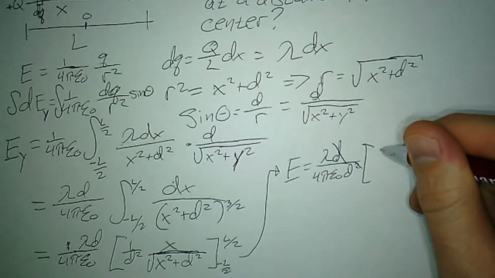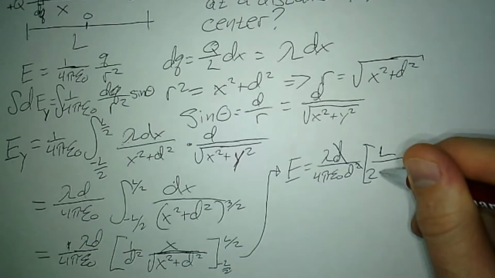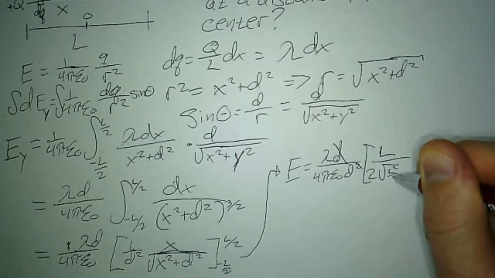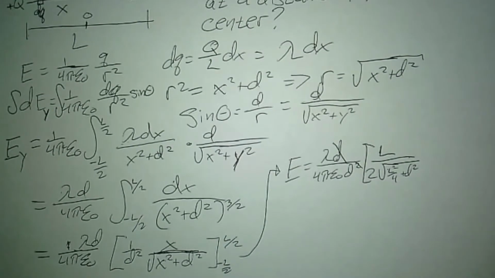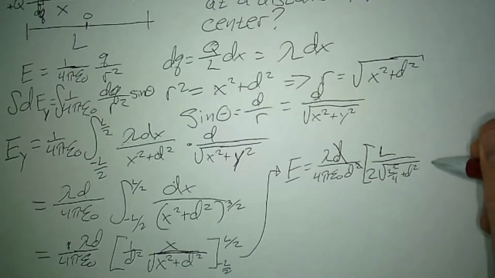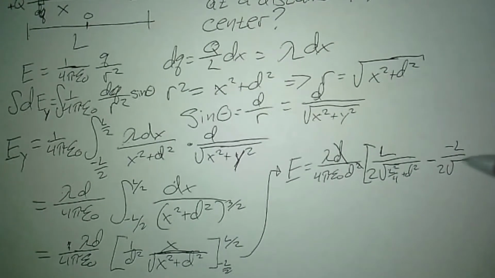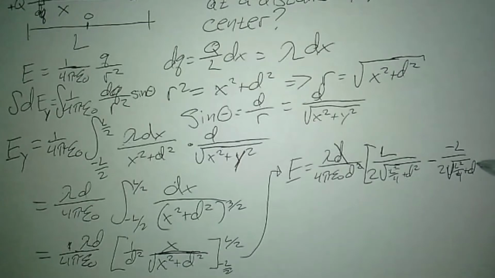Times L over 2 square root of L squared over 4 plus d squared. And that's going to be minus L over 2 square root of L squared over 4 plus d squared.